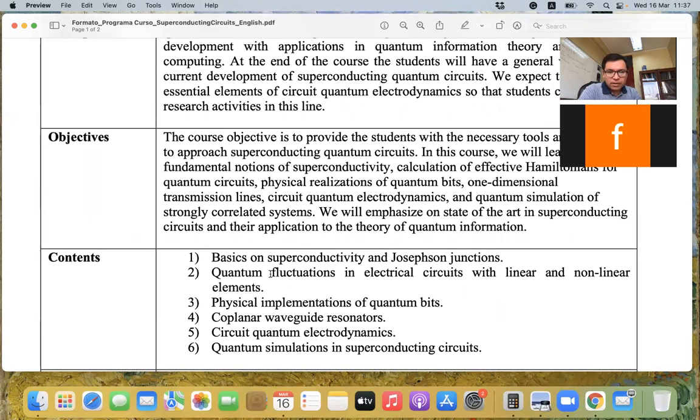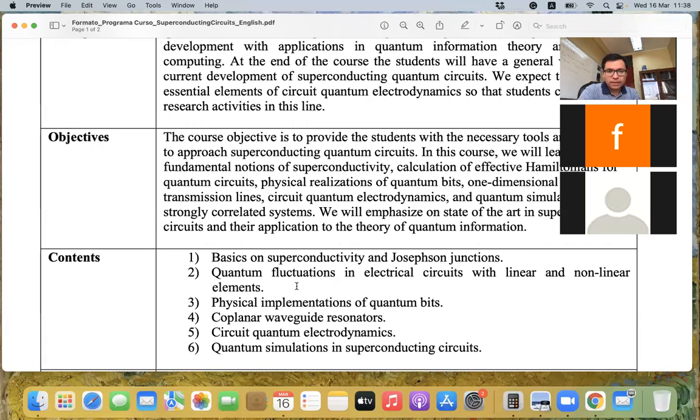In a second topic, once we establish more or less the way to think about superconductivity for circuits, I will introduce the quantum fluctuations in electrical circuits.